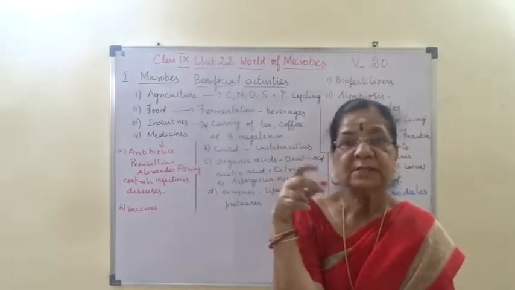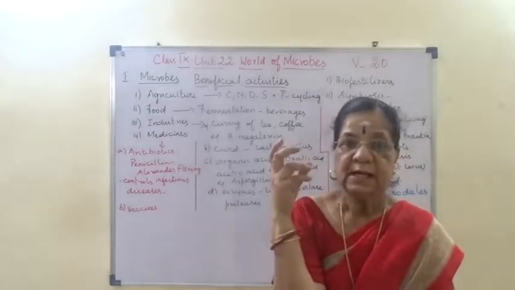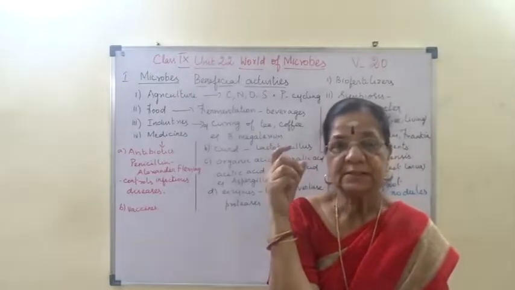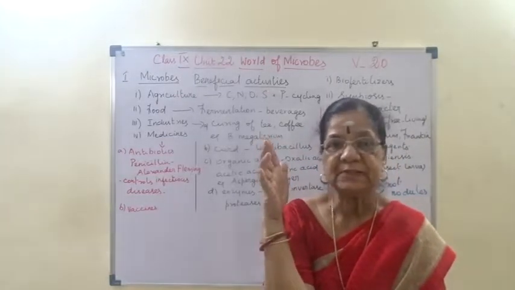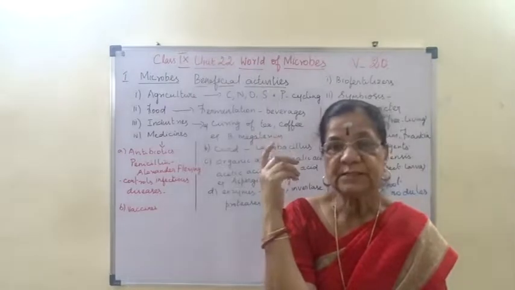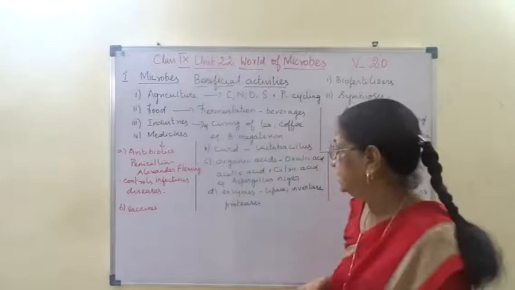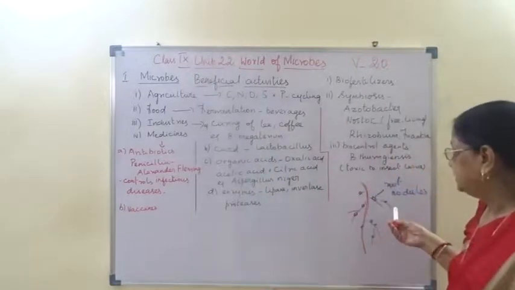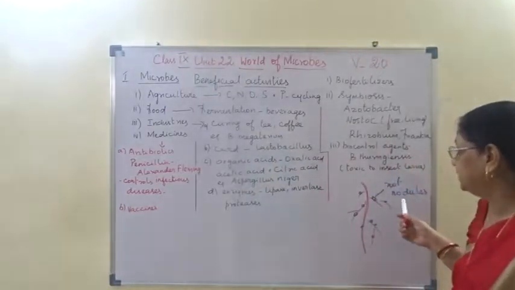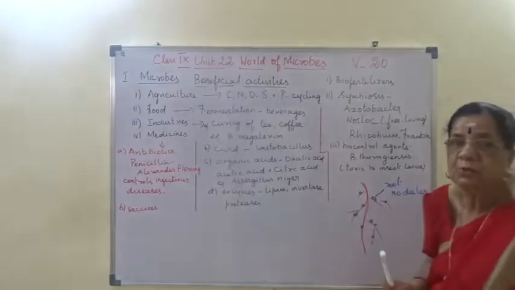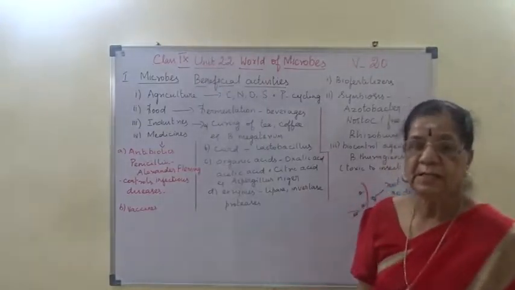Right? That is the nitrogen cycle. To fix the nitrogen from the atmosphere, to absorb the nitrogen from the atmosphere, the bacteria which are present in the root nodules are helpful.